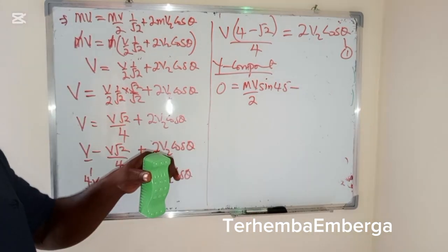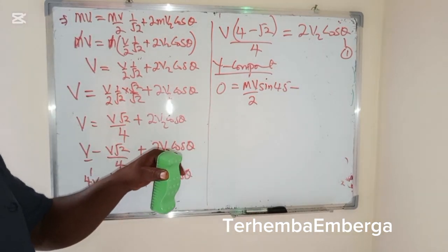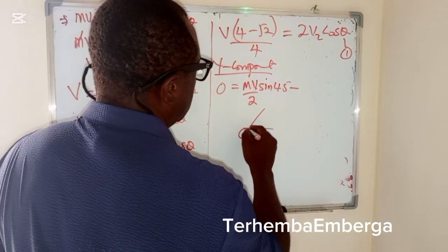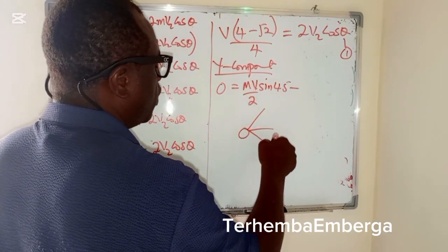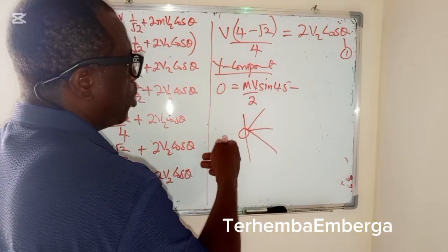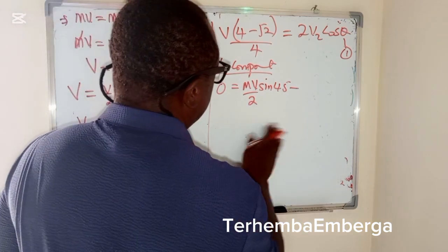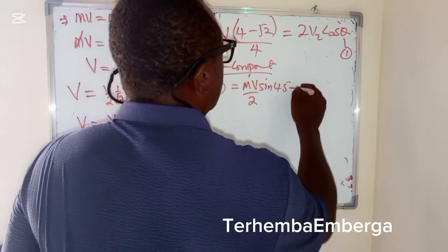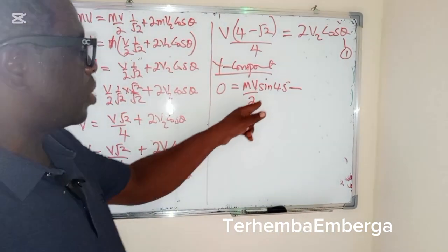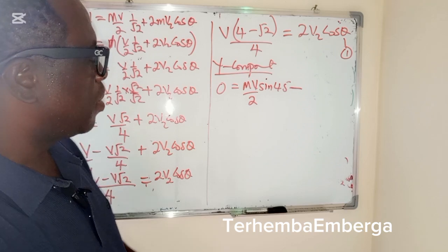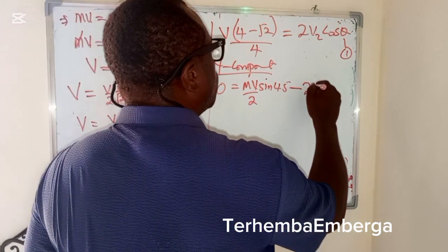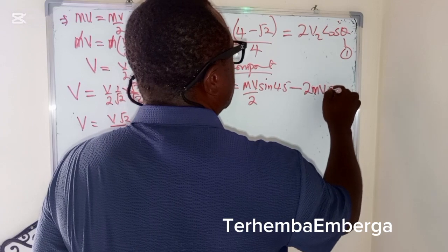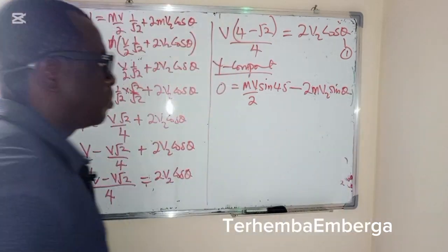Resolving that on the y component, remember, we have something like this. Resolving this on the y component is the reason why it's minus. So I have mv over 2 sine 45 minus 2m v2 sine theta.